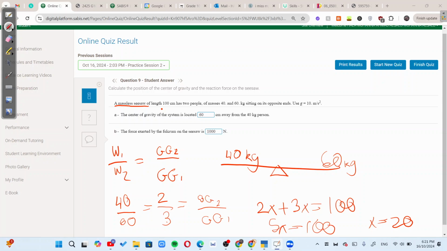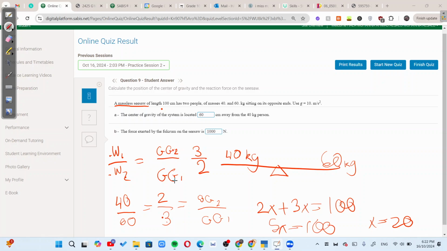We know that GG2 is the one sitting away from the 40 kilogram person. The ratio is 3 over 2. Since this is the ratio of weight 1 over weight 2, then the ratio of GG2 over GG1 is 3 over 2, since you're flipping them.